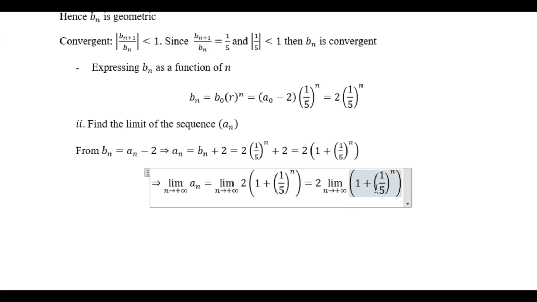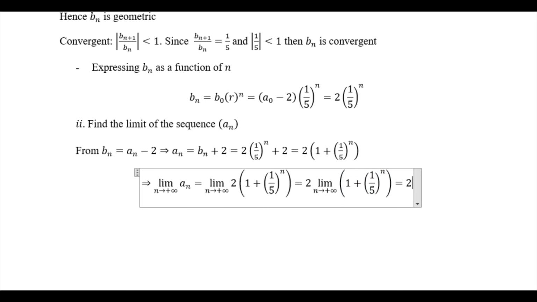When n is tending to positive infinity, 1 on 5 raised to the power n is tending to 0 because the interior here is less than 1. So since it is less than 1, raising it to the power n is going to be tending to 0. So the interior is going to be tending to 1 plus 0, which is 1, and everything is going to be tending to 2 times 1, which is 2. It means that the limit of the sequence a of n is equal to 2.